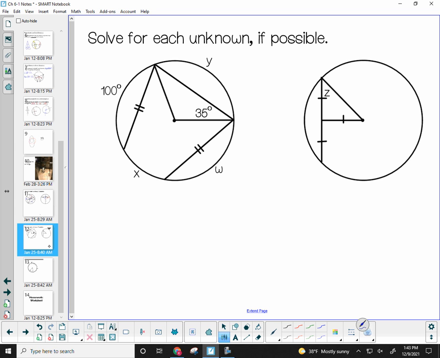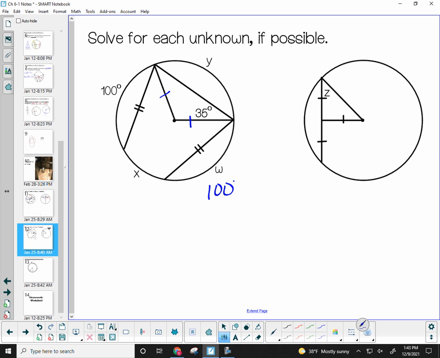All right, so let's take a look at the first one here. First I notice that I have two congruent chords. If I have two congruent chords, that means I have two congruent arcs. So W has to be 100 degrees. Now up here towards the top, I end up having an isosceles triangle, because my radii are equal, which means that my base angles have to be congruent.